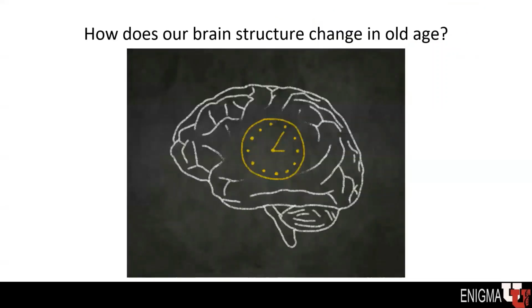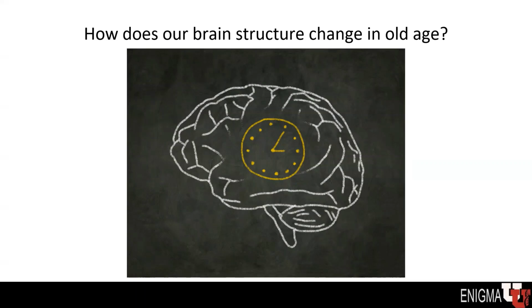So now that we understand a little bit more about the structure of the exterior and interior of the brain, let's talk about how those things change as we age. As we age, especially from adulthood to older adulthood, our brains begin to degrade in certain ways. It's very natural.